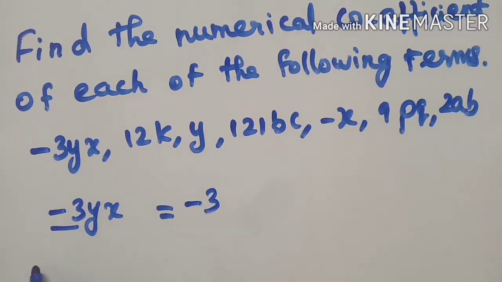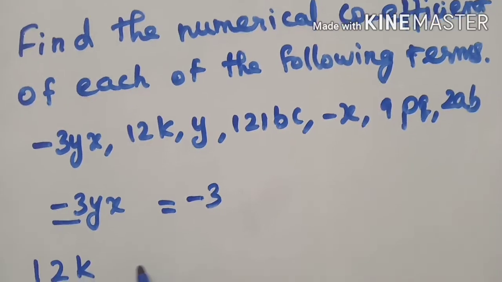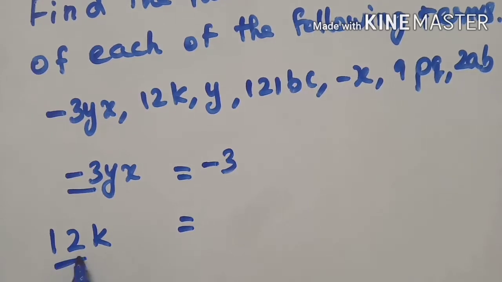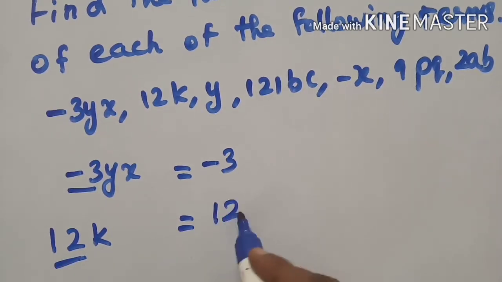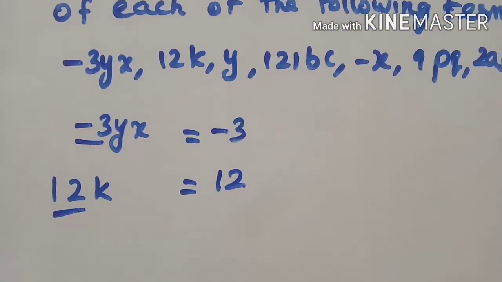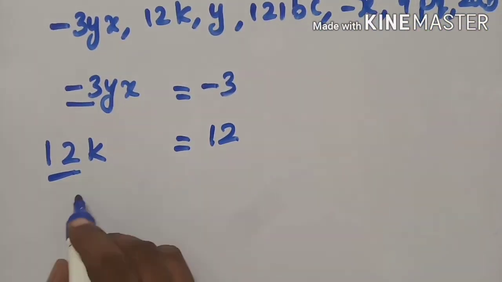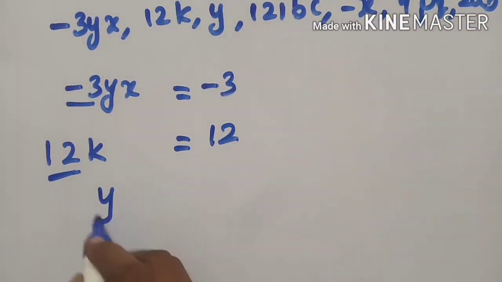Next term, 12k. In this, k is a variable. The numeric number is 12. So the numerical coefficient is 12. Next term is y. Here, one variable is there.